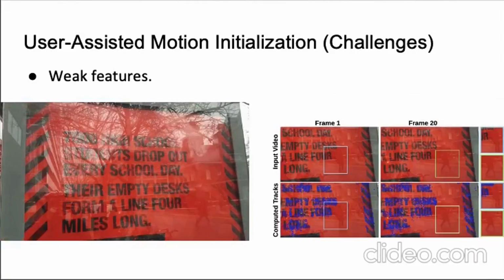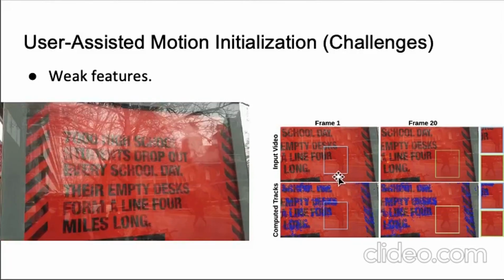Another challenge associated with user-assisted motion initialization is weak features. Features having low contrast or low color information are hard to detect by the tracker. Color information is essential for the tracker to detect and track a feature. And if there is not enough color information, target tracking is hard or nearly not achievable.